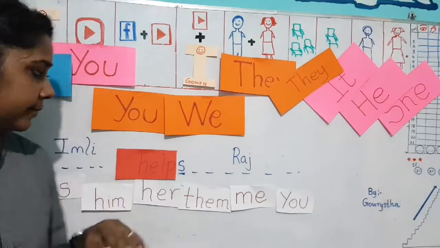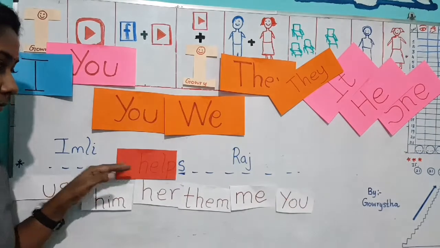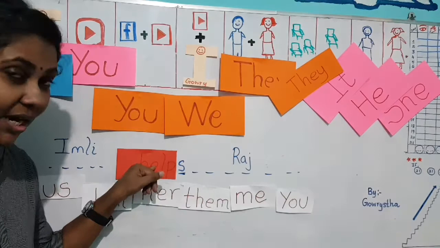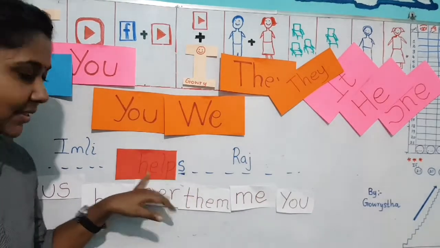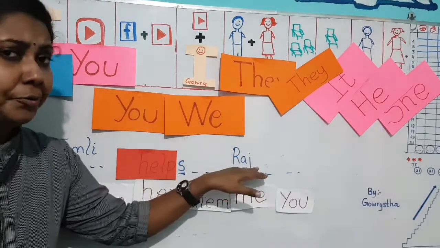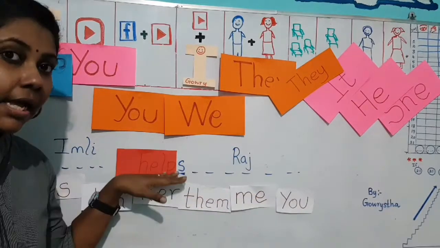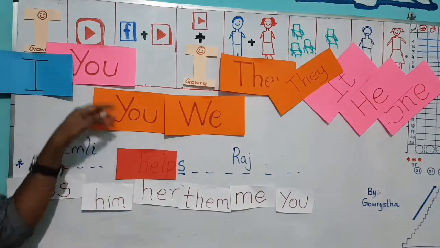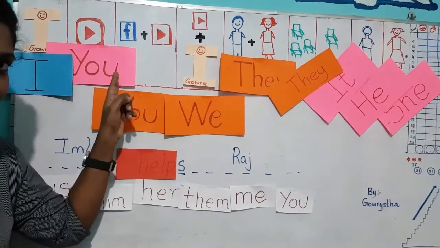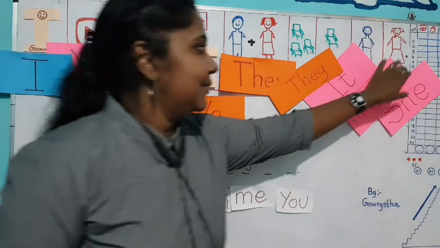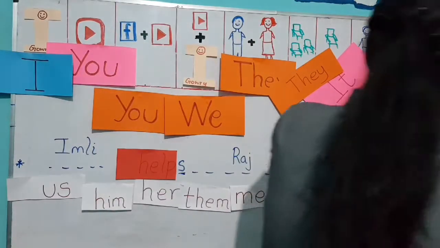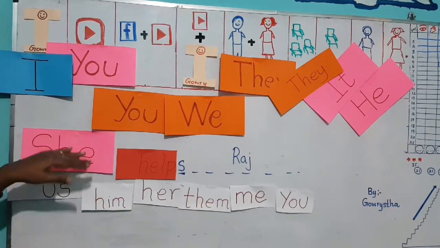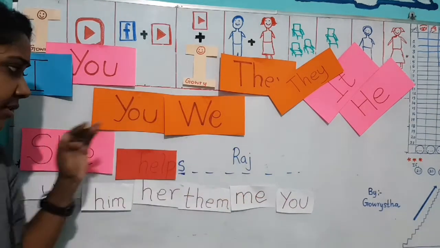Now, tell me, Emily, simple present, verb, good, helps. Emily helps Raj. Choose. Good. She helps Raj.